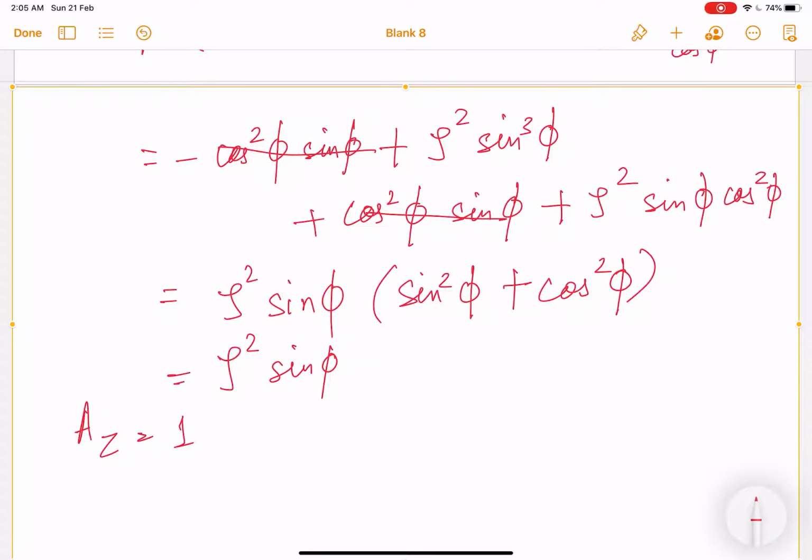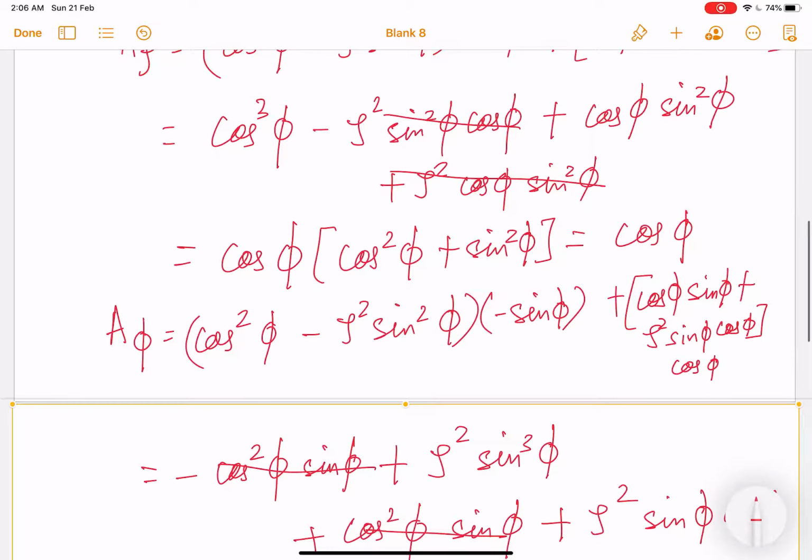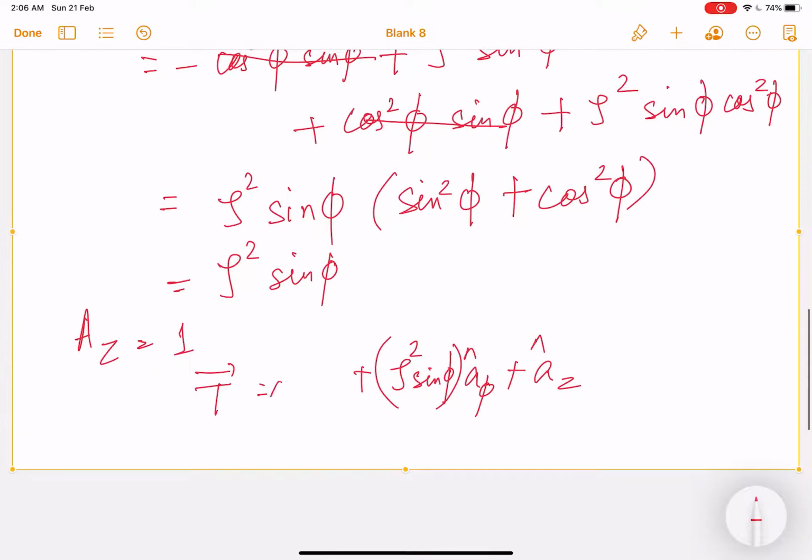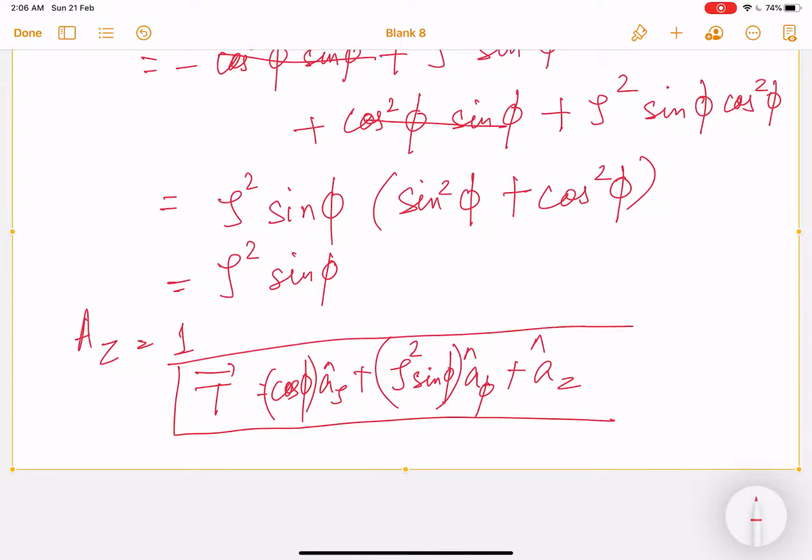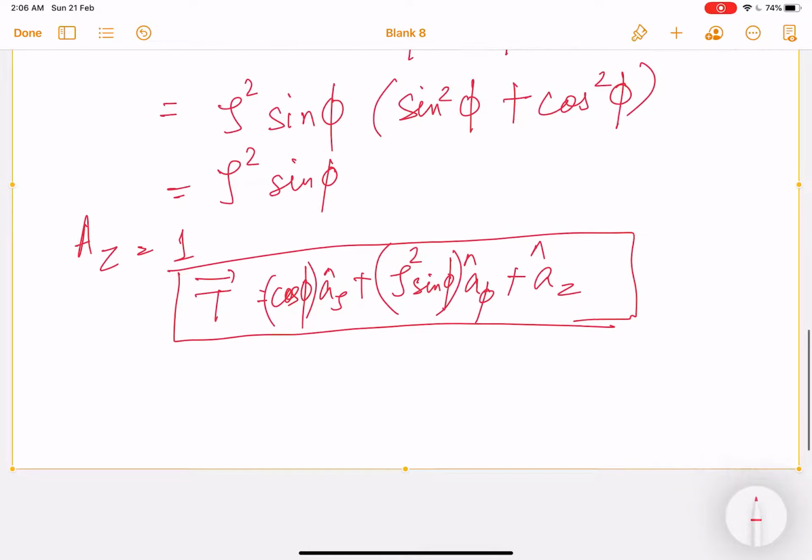So the vector is AZ cap plus sin phi A phi cap plus cos phi A rho cap. This is the simplified form in cylindrical coordinates.